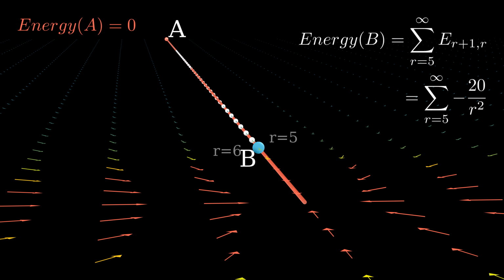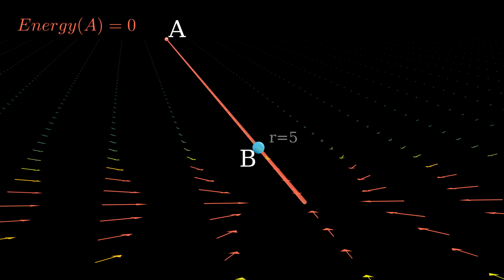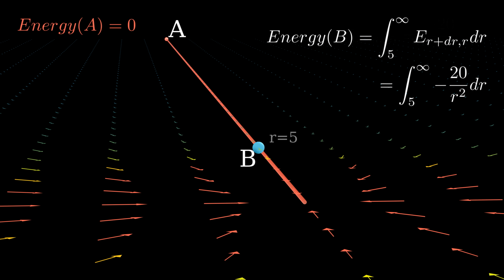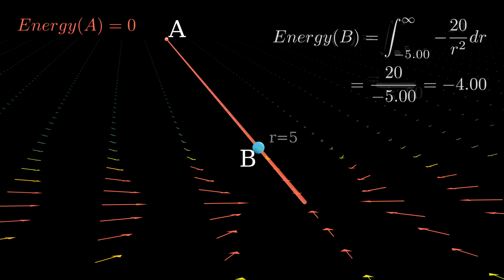To get the correct energy value at B, we need to let the step distance, which is currently 1, go to 0, which means we need to replace the sum with an integral. The infinitesimal dr replaces our distance factor. The minus 20 over r squared remains, and we again go from r equal 5 to r equal infinity. Evaluating this integral, we simply get minus 20 over the distance of B to the center.